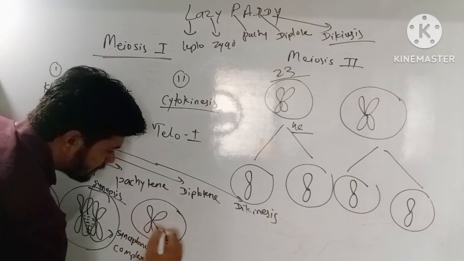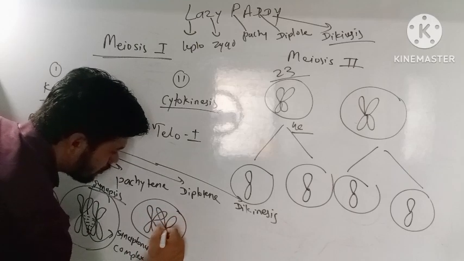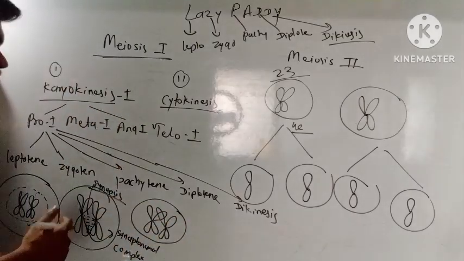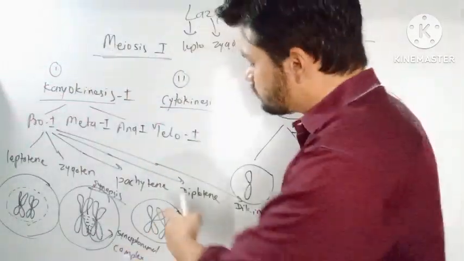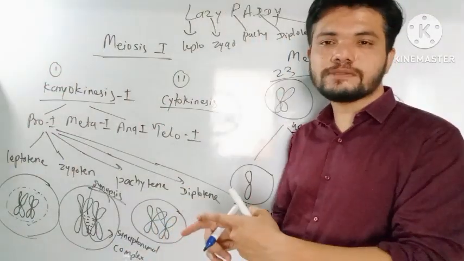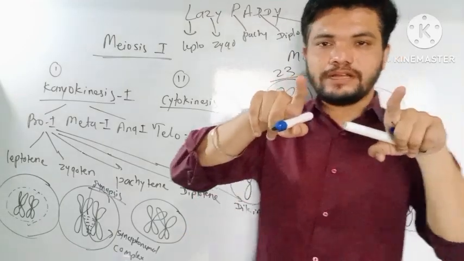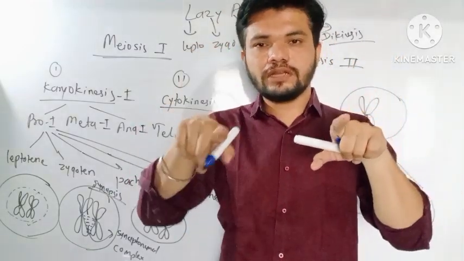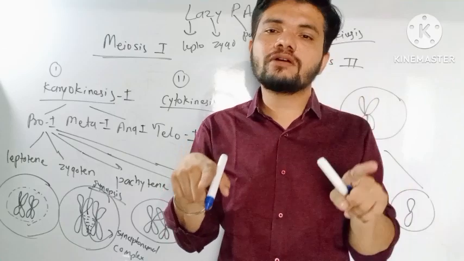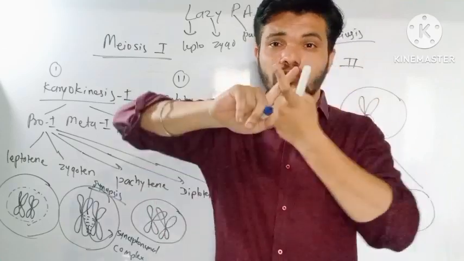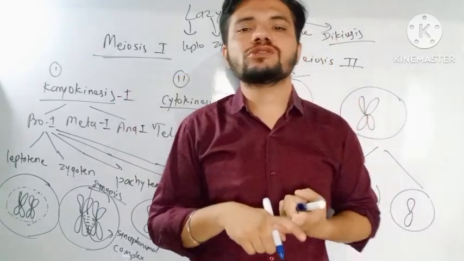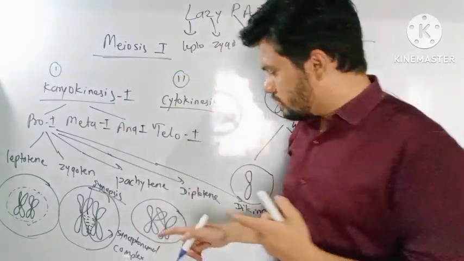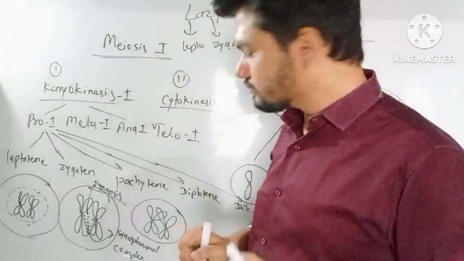The non-sister chromatids of the homologous chromosomes are crossing with each other. One chromatid of the first chromosome and one chromatid of the second chromosome will cross over each other for the process of recombination in pachytene.